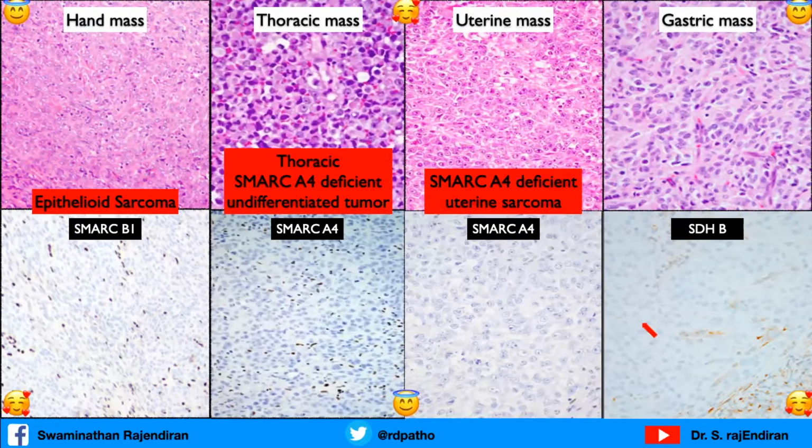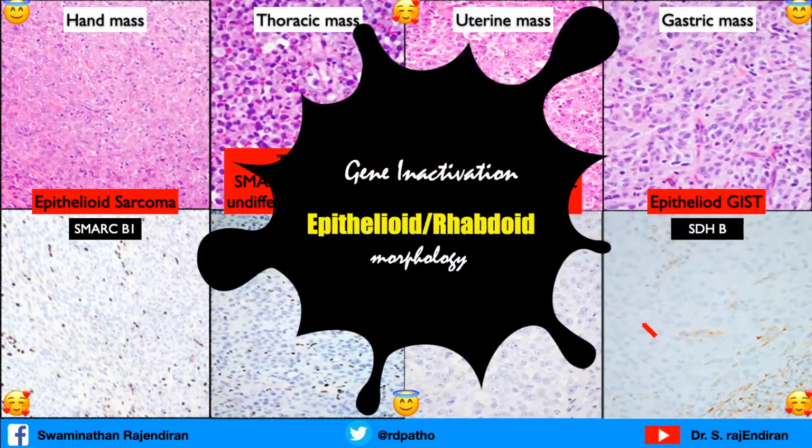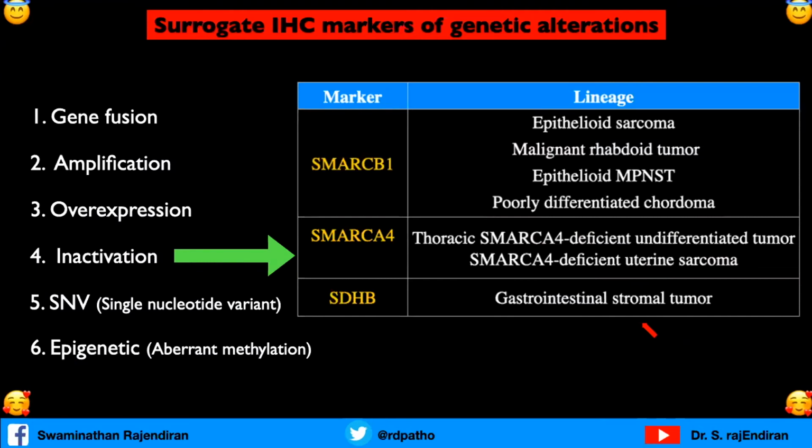And the gastric mass which is deficient in SDHB is epithelioid GIST. So as I told you, these gene inactivation tumors have epithelioid or rhabdoid morphology. When you have epithelioid and rhabdoid morphology, you put these markers of gene inactivation and you name them accordingly. So these are all the markers of inactivation.